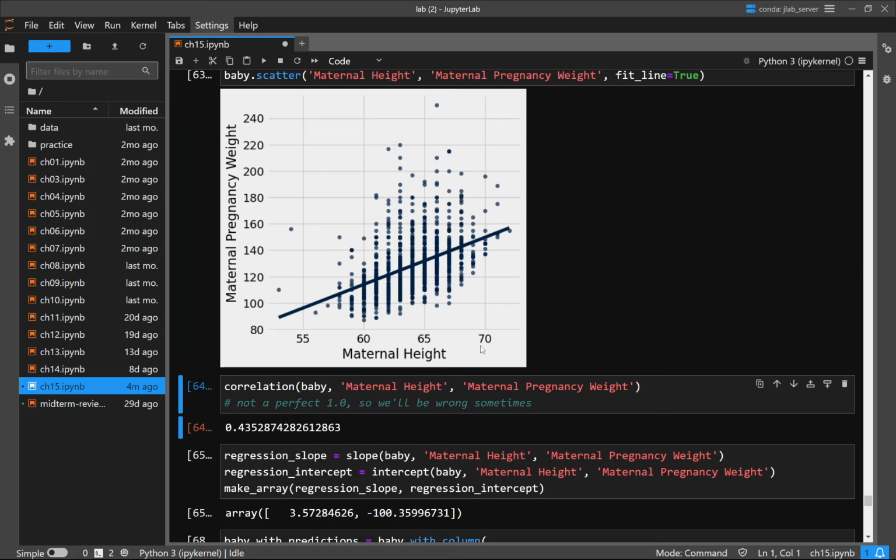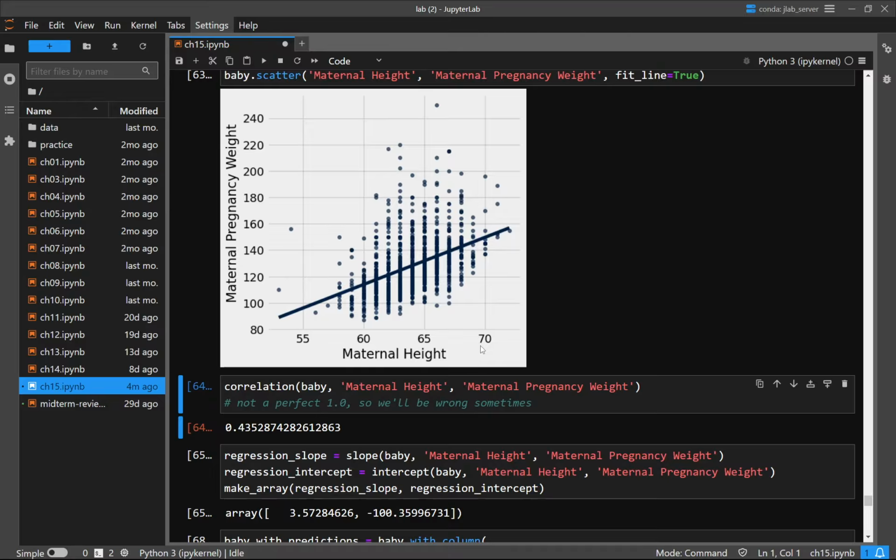For the best line that goes through it, this is our regression line. If the mother is 60 inches tall, we've got a bunch of data points showing a bunch of different mothers who are 60 inches tall and how much they weigh. Not everybody weighs the same if you're 60 inches tall. And so this midpoint, which was like 115 or something pounds, was our best prediction of the mother's weight if they were 60 inches tall during pregnancy.